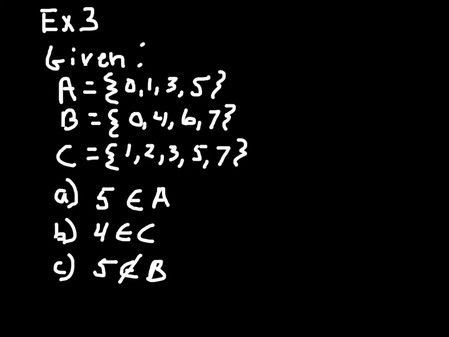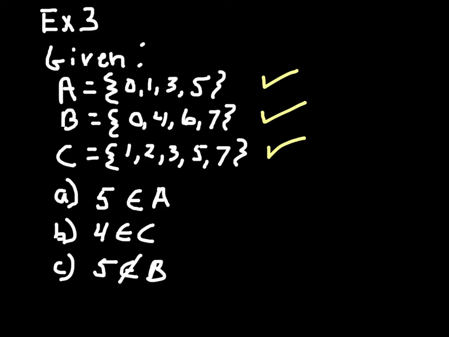Now something a little different, and to finish this topic, in example 3 we're given 3 sets. So one of the sets is A, which contains the members of 0, 1, 3, and 5. I have a set B containing the members of 0, 4, 6, 7, and I have a set C which contains the members of 1, 2, 3, 5, and 7. Now take a look at the 3 problems below.